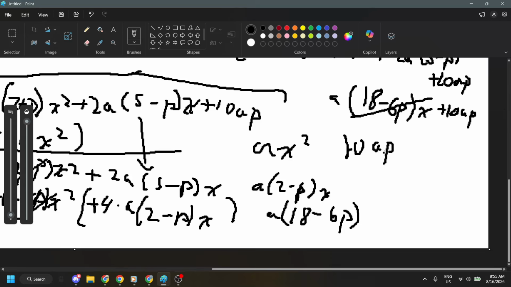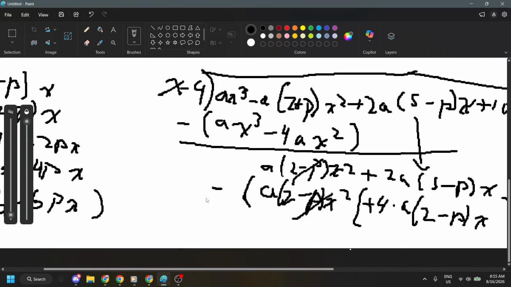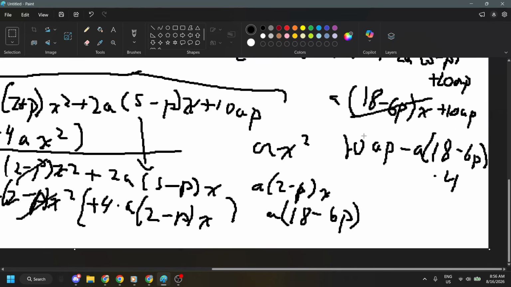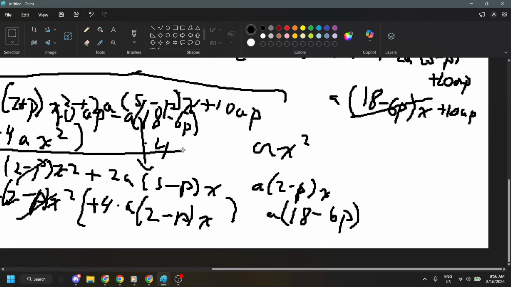Oh no, this isn't that bad. Then we want to subtract a times 18 minus 6p times 4. Okay. Let me rewrite this. I'm going to bring this over here so I remember it.